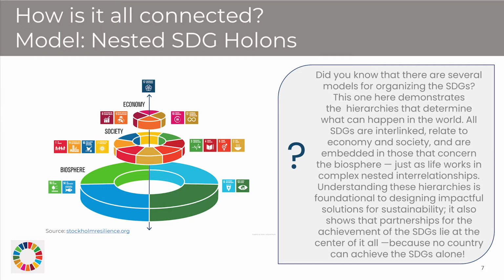And out of those conditions, we then grow a society that has certain needs and behaviors. And out of that socio-cultural soup we call society, then we can grow particular systems like an economy that then allows us to do our work and life as we wish. And then for the SDGs in particular, the Agenda 2030, global partnerships are central to all the change that needs to happen.